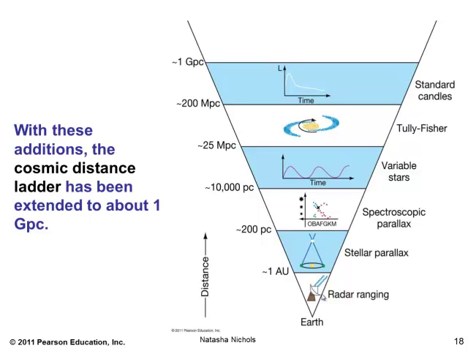So let's take a look at our ladder. It's an inverted pyramid that summarizes the distance techniques used to study different parts of the universe. The techniques shown in the bottom 4 layers, radar ranging, stellar parallax, spectroscopic parallax, and variable stars, take us as far as the nearest galaxies.